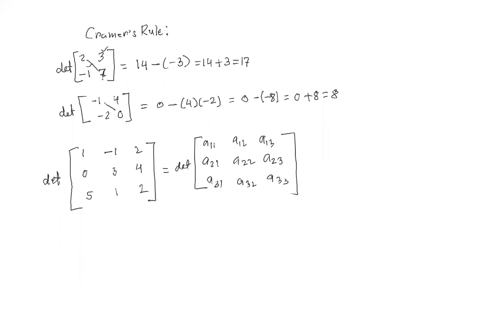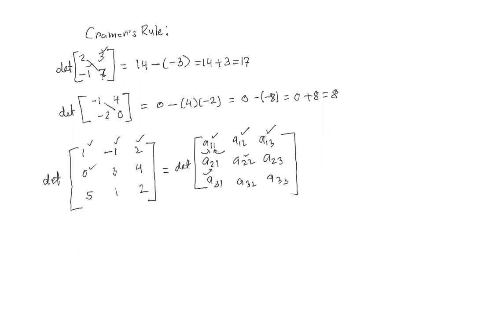Now, A11 is this entry, A12 is this, A13 is 2. This is row number 1. So the first subscript gives you the row number and the second subscript gives you the column number. A21 is in row number 2, which is this number.